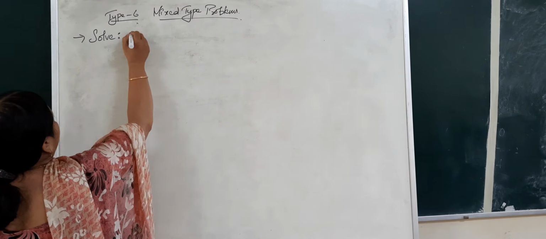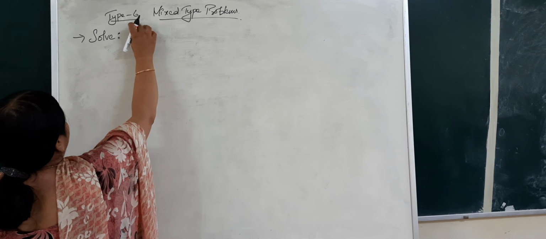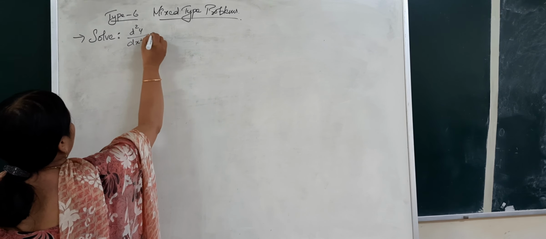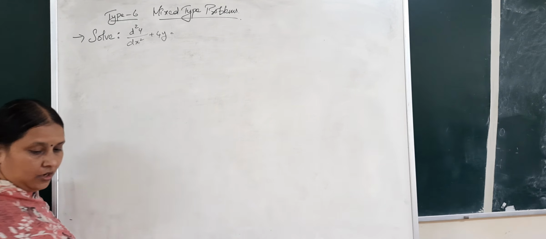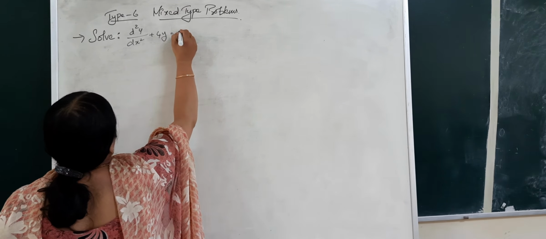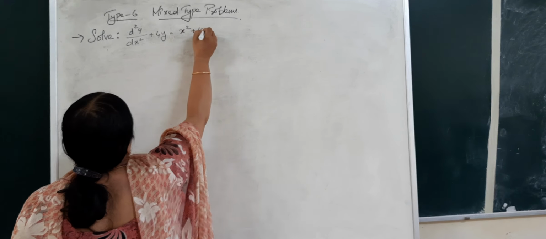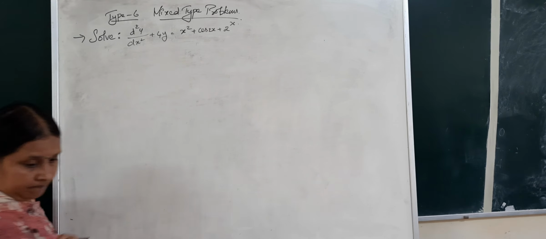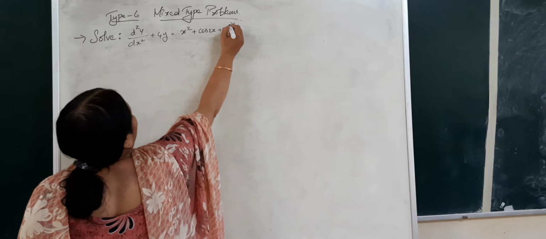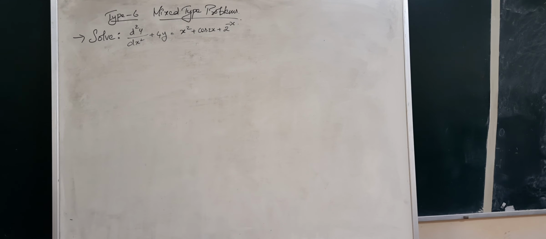So the question says d square y by dx square plus 4y is equal to x square plus cos 2x plus 2 raised to x. Sorry, 2 power minus x. There is a negative sign. Okay guys. So even this comes under the mixed type.